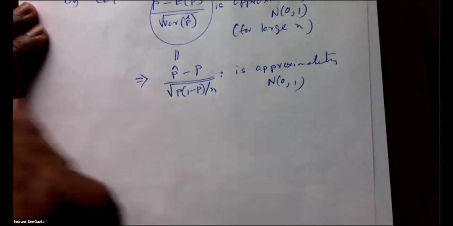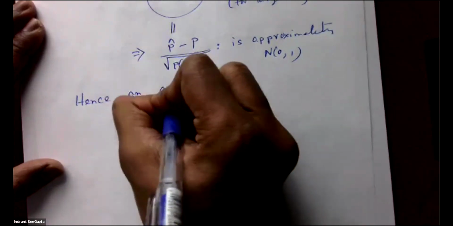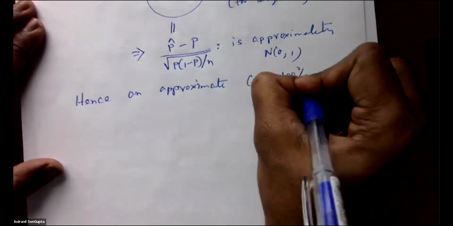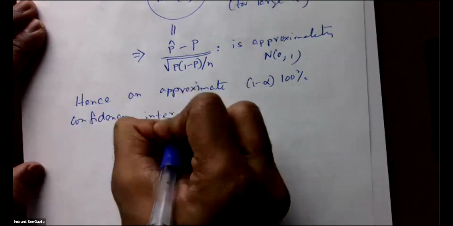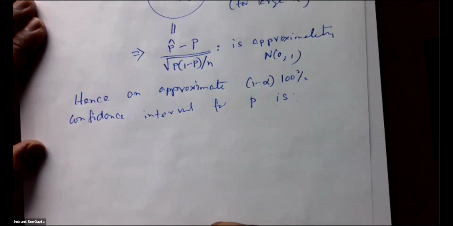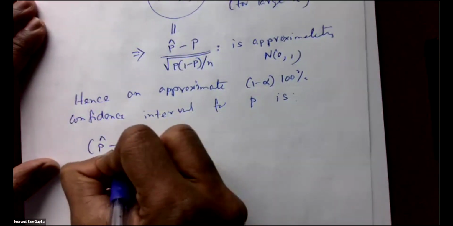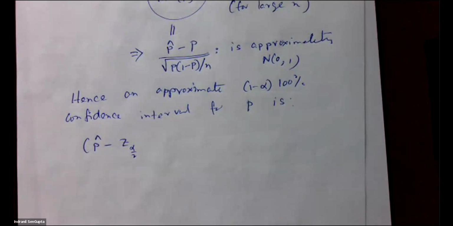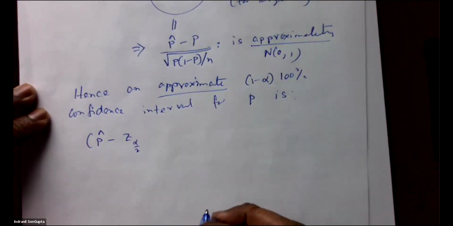Now, as we have done before, an approximate 1 minus alpha times 100% confidence interval for p is given by, I'll leave it as an exercise, p hat minus z of alpha over 2 times the square root of p hat(1 minus p hat) over n, to p hat plus z of alpha over 2 times the square root of p hat(1 minus p hat) over n. Remember, I'm approximating with z. The original distributions are not normal, they are approximately normal, so this is an approximate confidence interval.